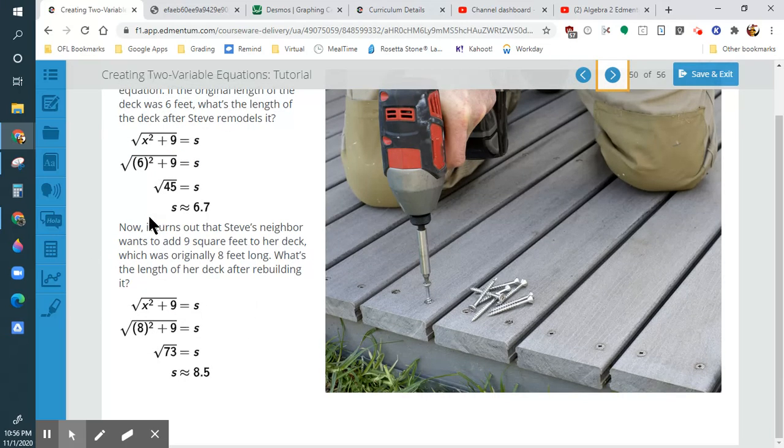Let's say the original area was 8 square feet. By adding 9, that 8 turns into 8.5. So we're adding 0.5 to the side, so the new side is 8.5.